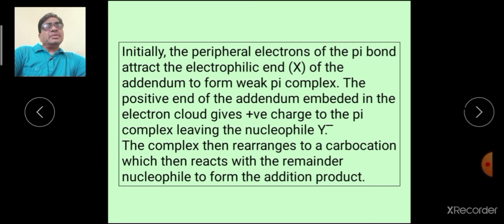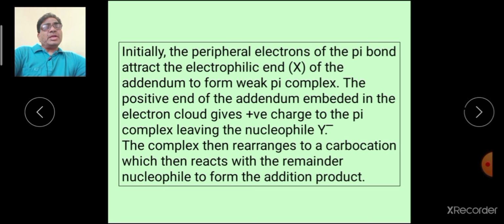Initially, the peripheral electrons of the pi bond attract the electrophilic end, that is X is the electrophilic end of the addendum, to form a weak pi complex. We have seen the pi complex.